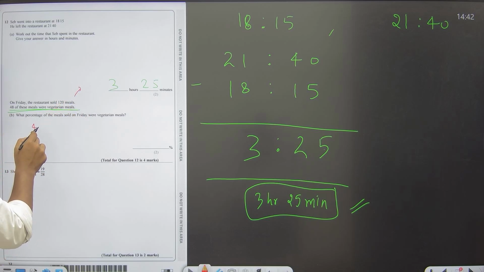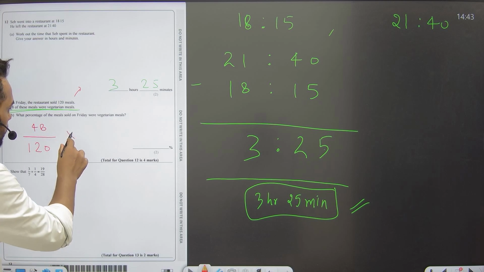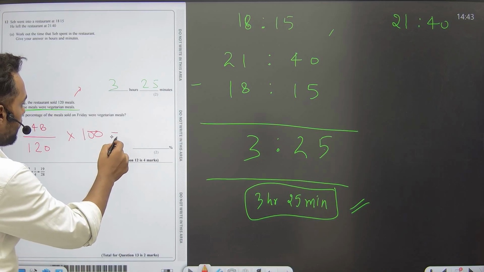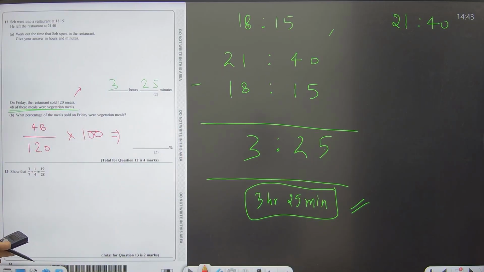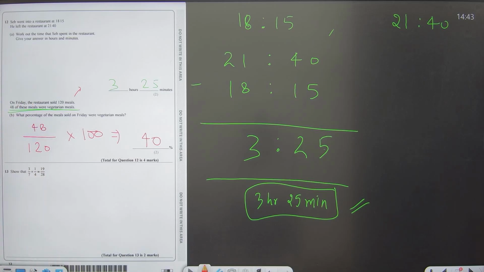So 48 meals were vegetarian out of 120. So we need to calculate the percentage. So we will be multiplying it by 100. How much is the value? 48 by 120 cross of 100, 40%. 40% vegetarian meals were sold.